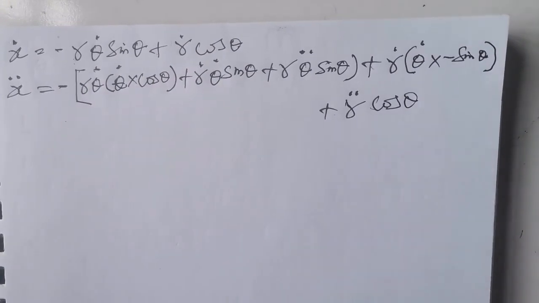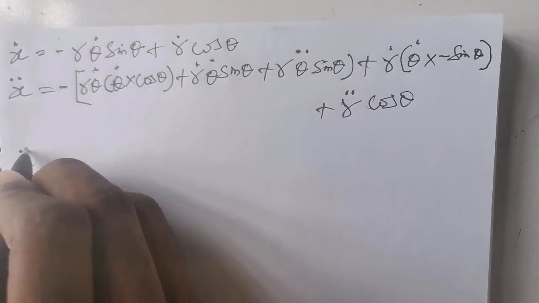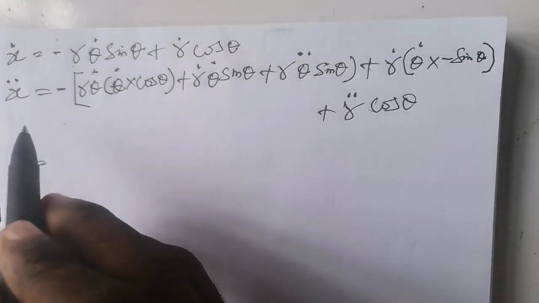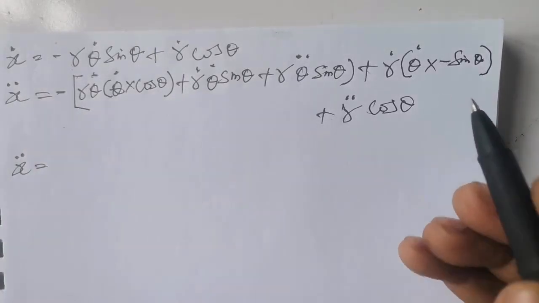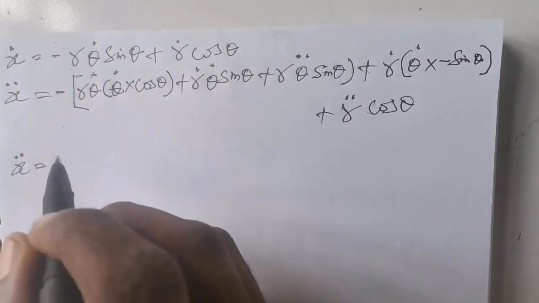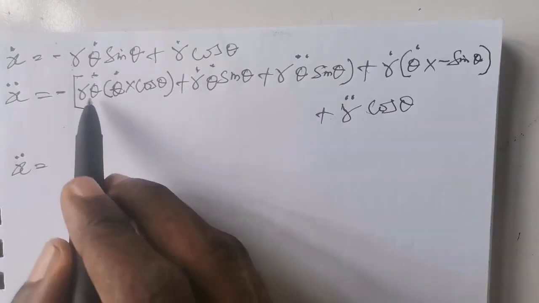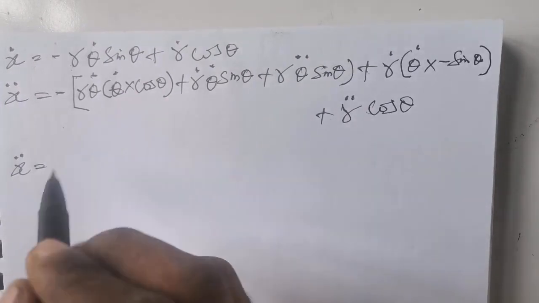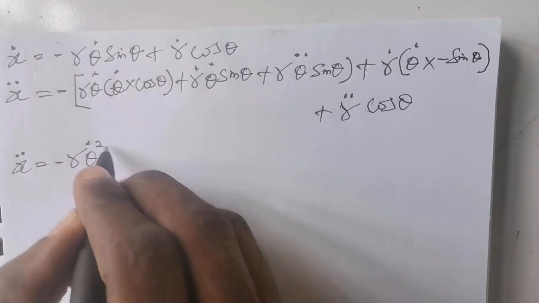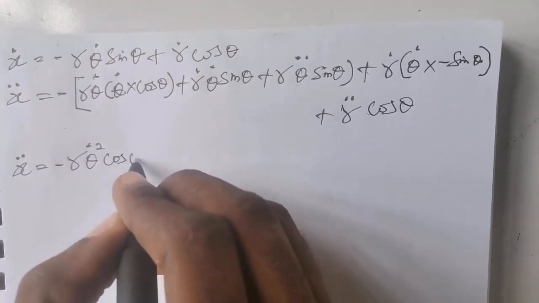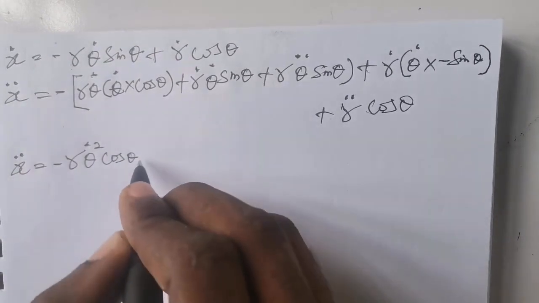So let's rearrange everything now and see. Okay, so x double dot is now equal to, we can simply evaluate with this negative sign, allow the negative sign now to multiply everything in the bracket. So minus times this gives us, remember, I have theta dot times cos theta here. So theta dot times theta dot gives us theta dot squared. So this becomes minus r theta dot squared times cos theta. You hold this again, minus times this plus here becomes minus.